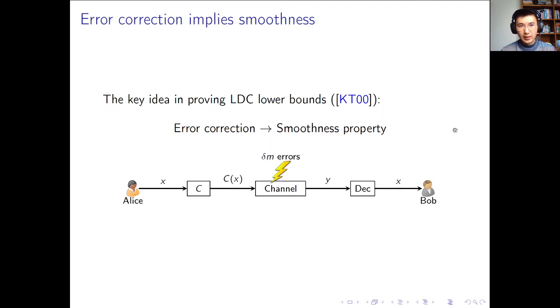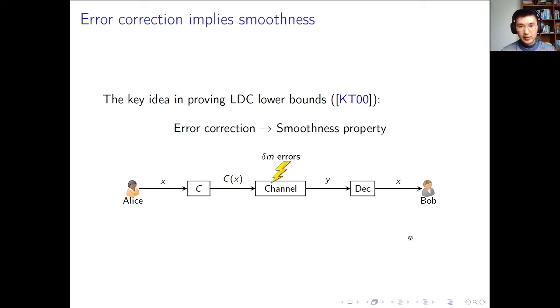Let's get into the techniques. Let's first look at the techniques for proving lower bounds for Hamming LDCs. And here's a key idea in proving such results. It was first proposed by Katz and Trevisan in their 2000 paper. The idea is to replace the error correction property with the smoothness property. The error correction property is best explained in this diagram. It's basically what motivates and defines locally decodable codes.